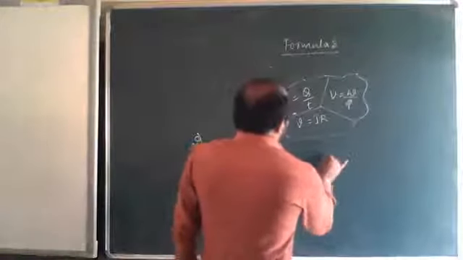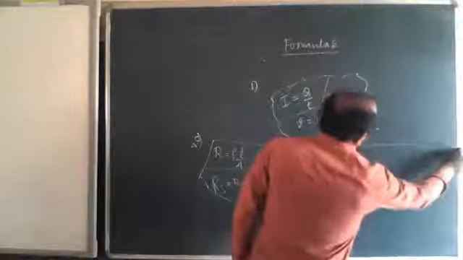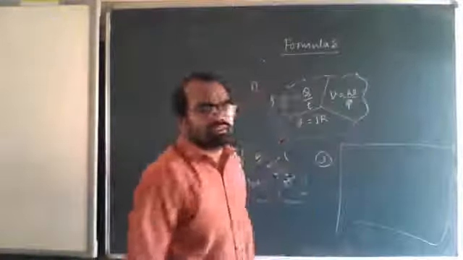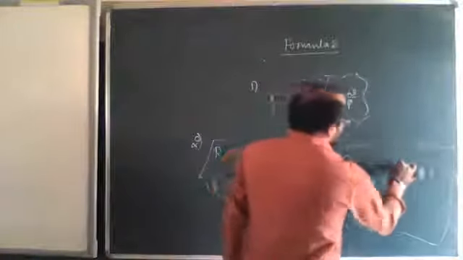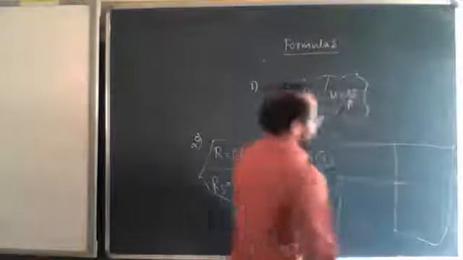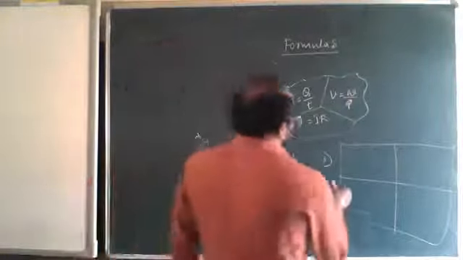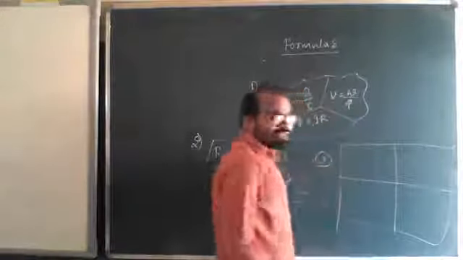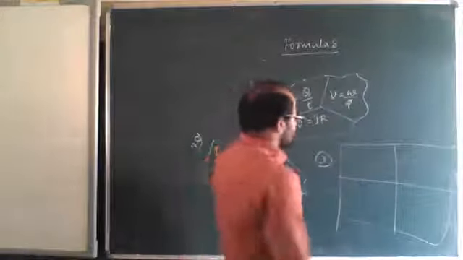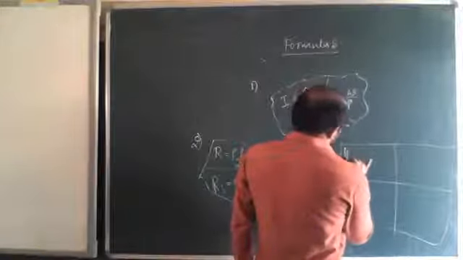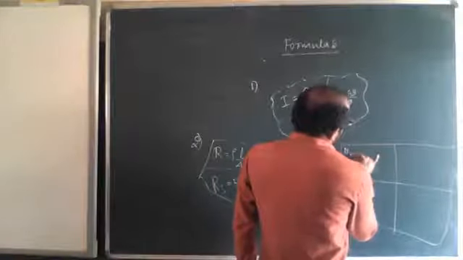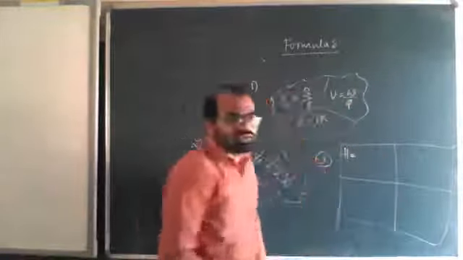So the third one you can make like this. I am making a rectangle here. You can make four formulas out of this. So the third one, which are those formulas? The heating effect of electric current and power. So heat energy, let me say H is equal to, what is my formula?